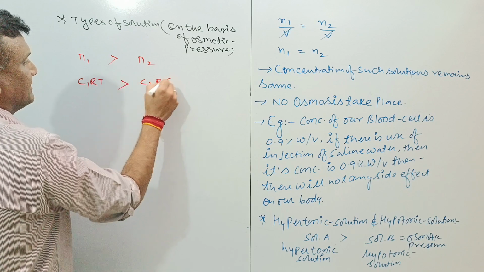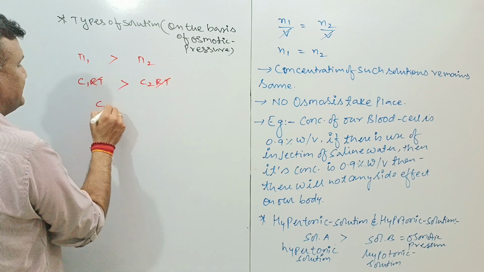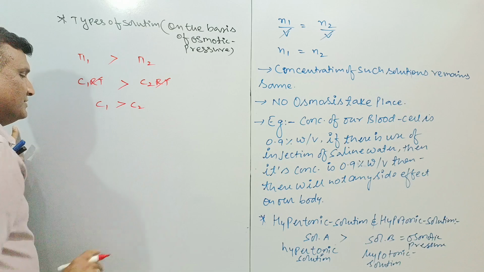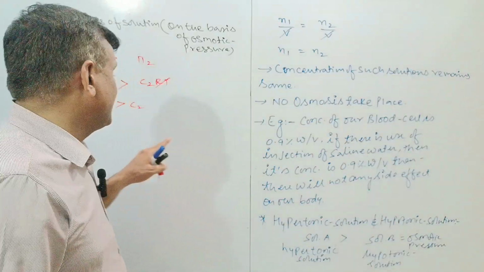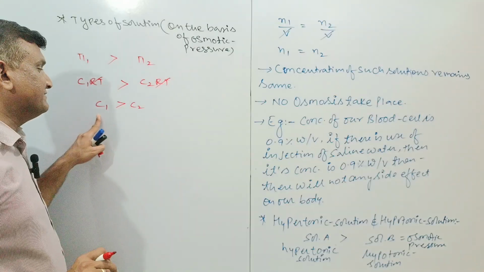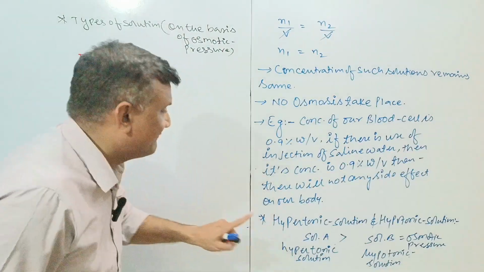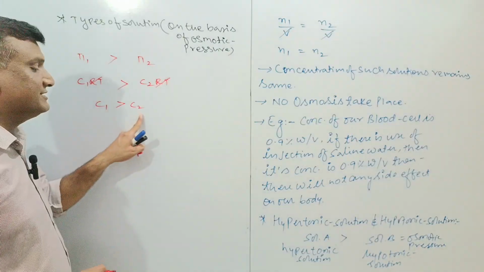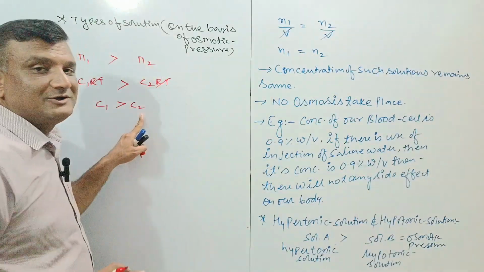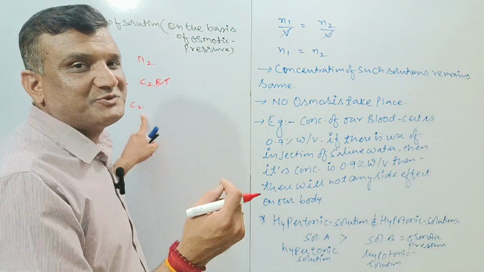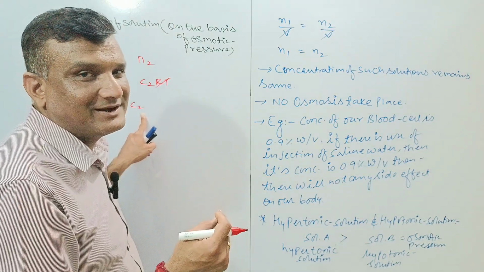The constants cancel, so C1 is greater than C2. So the concentration of solution A will be larger and the concentration of solution B will be smaller. As we have discussed, osmosis takes place from low concentration to high concentration.